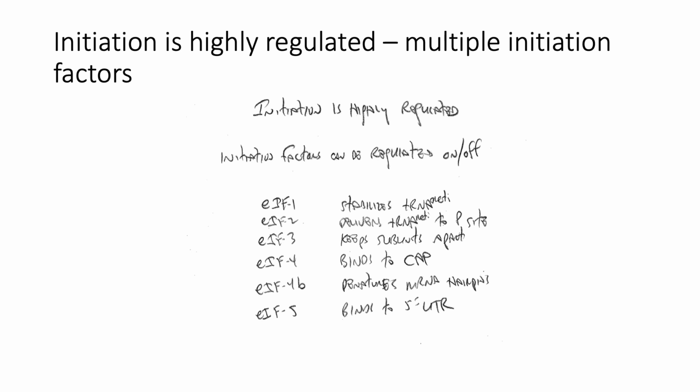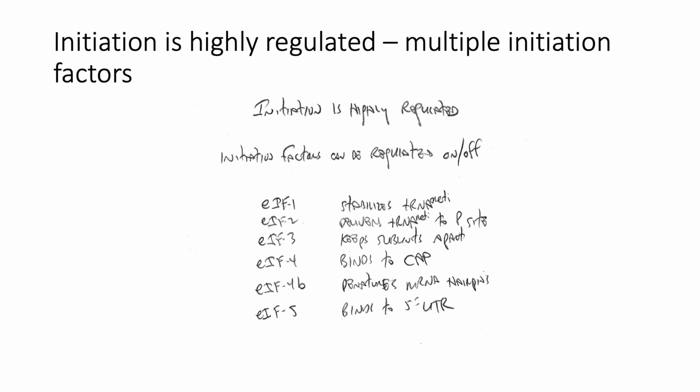So we have EIF1, which actually helps stabilize the transfer RNA methionine. Then there's EIF2, which we talked about. It delivers that initiator transfer RNA to the P site. EIF3 keeps the subunits apart.